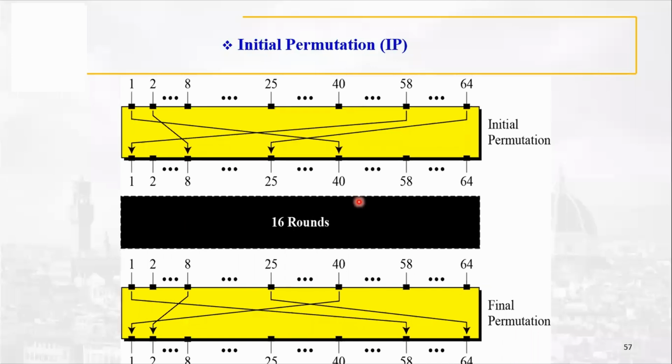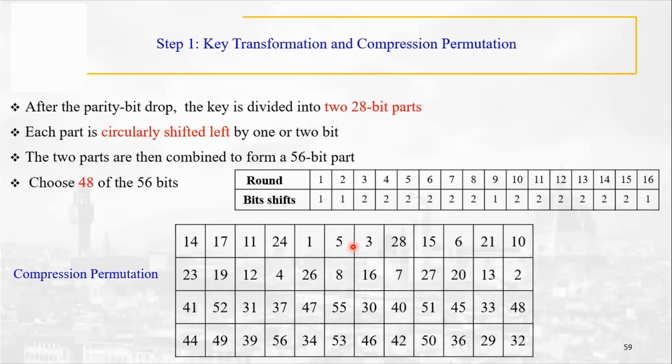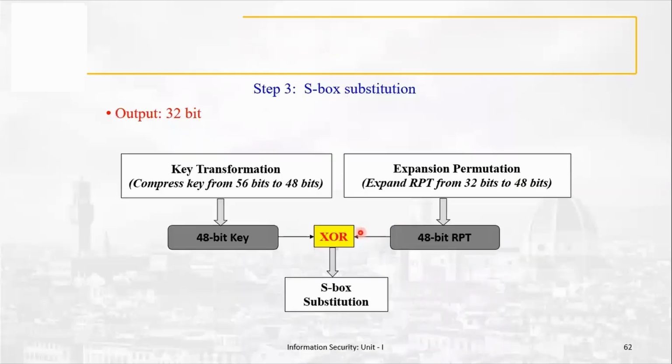So if he wants to bring those bits back to their original position, he knows which bit has to be brought back to which location. And every step is known. How many bits are getting shifted? Which bits are discarded? Which S box? What operation happens after expansion? Everything is known to the hackers.